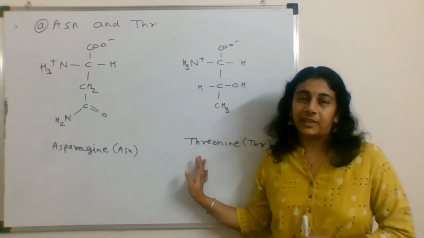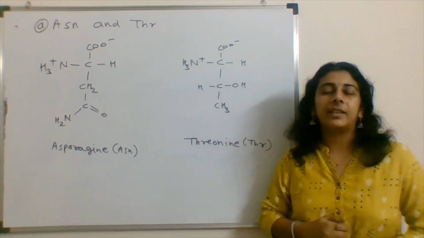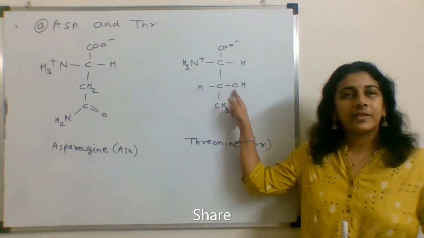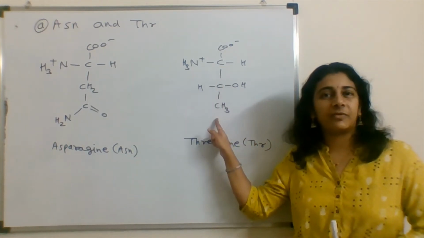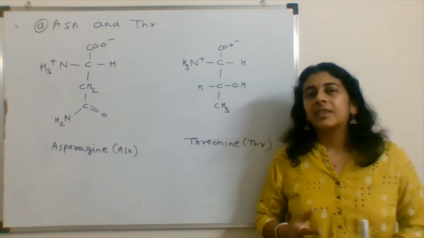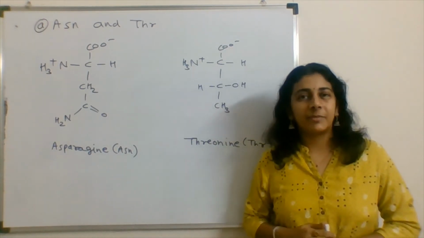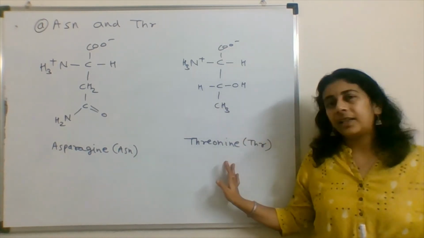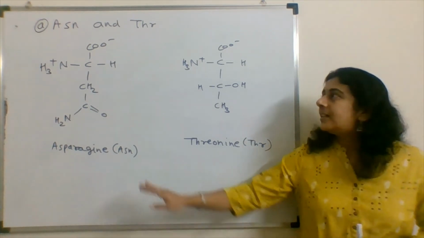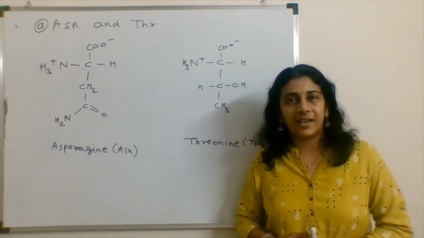Secondly, in case of threonine, yes, threonine is also used for the O-linked glycosylation, which is asked in the question. Here the oxygen which is present in the side chain of the threonine is used for the O-linked glycosylation. The difference is N-linked glycosylation takes place in the endoplasmic reticulum. O-linked glycosylation takes place in the Golgi complex. In case of N-linked glycosylation, the preformed oligosaccharide is added.